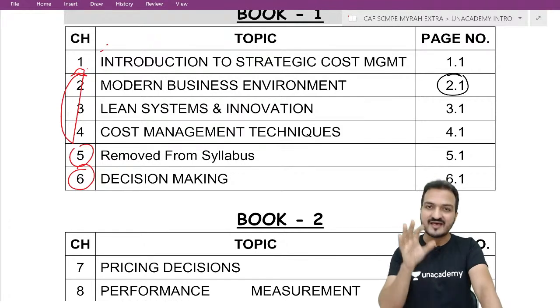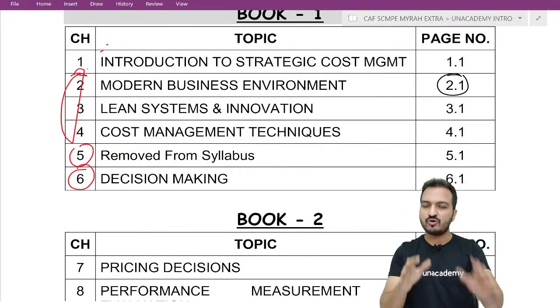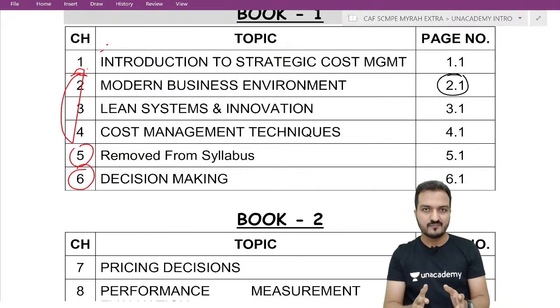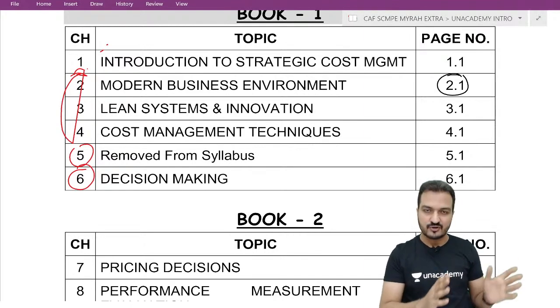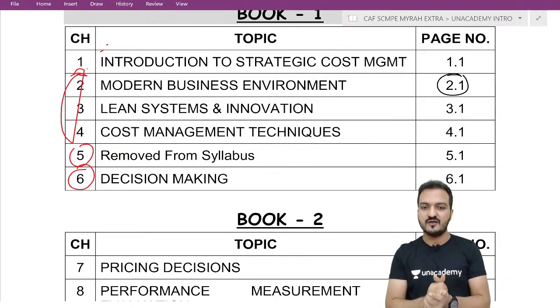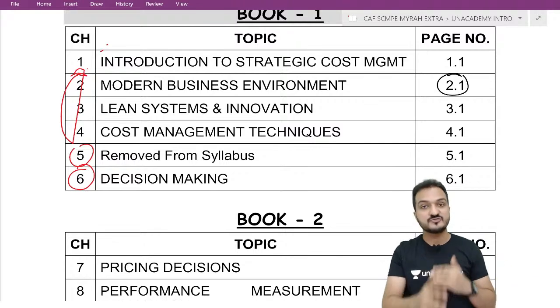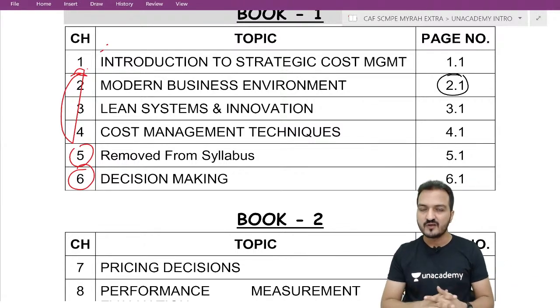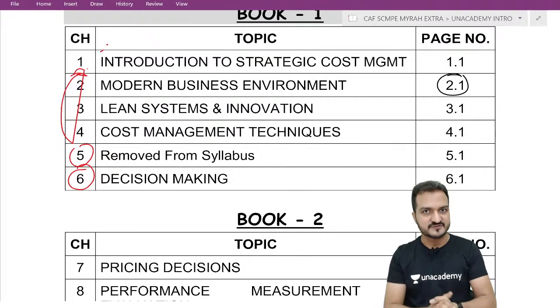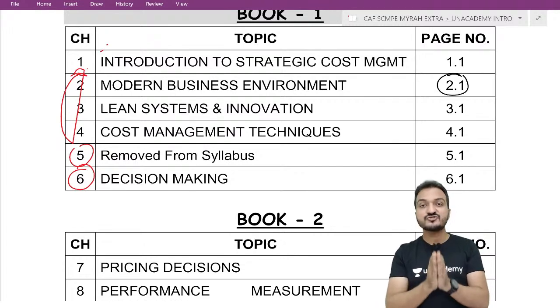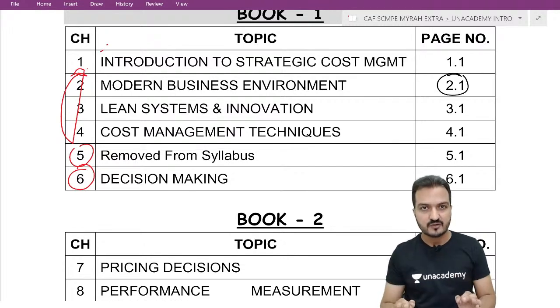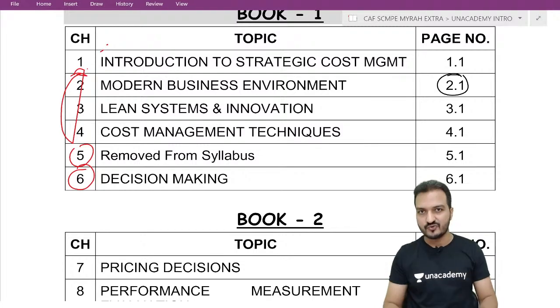Yes, because look, in the exam paper, the majority of things will be out of the book only. I can also show you an analysis, not now, of how much percentage has come from my book and my classes in the past few papers. Almost 70-80% of the content comes from our classes only.